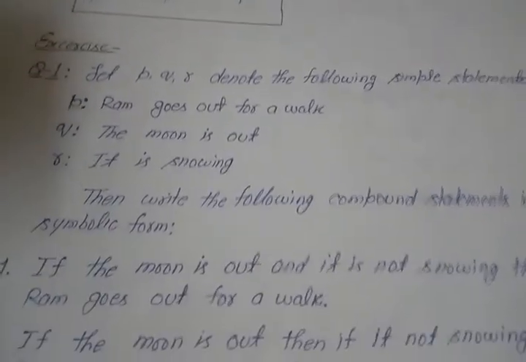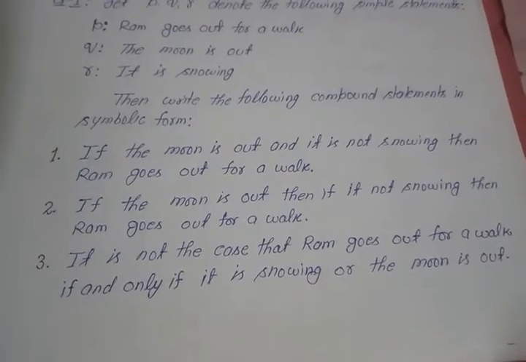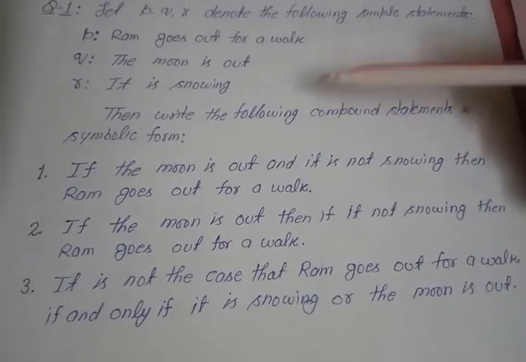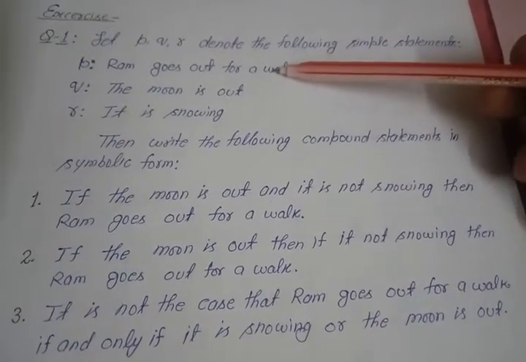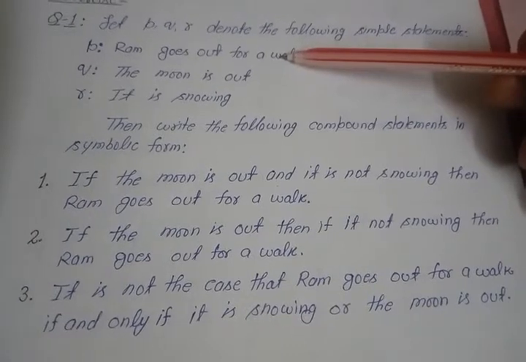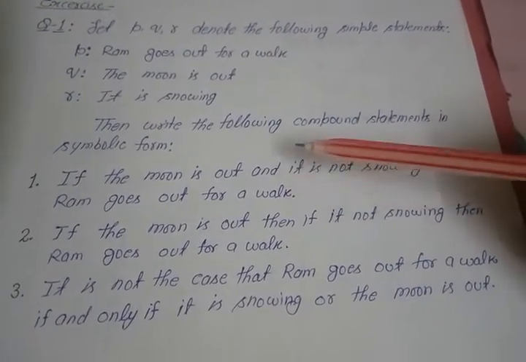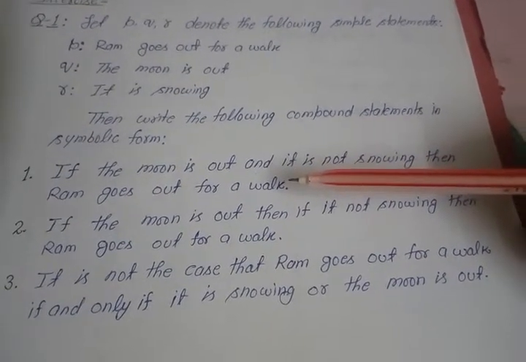Now on the basis of these propositions we have been given some problems. We have to convert these problems into symbolic form by using these propositions. Here we will study how we can symbolize the given theoretical problems into the numerical one.